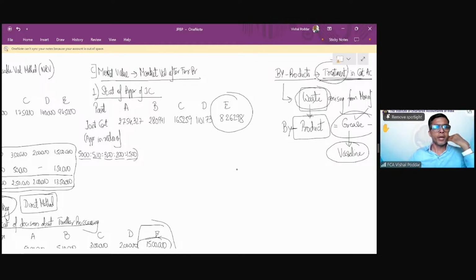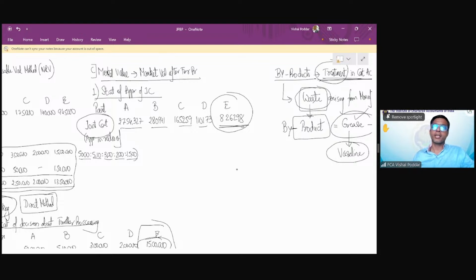Now, if I am charging the joint cost to all my products, including E, it means I'm considering it as a joint product. So where I'm charging the joint cost even to that byproduct, even to that waste, it means I'm treating it the same as my other products. In other words, I'm not treating it as scrap.